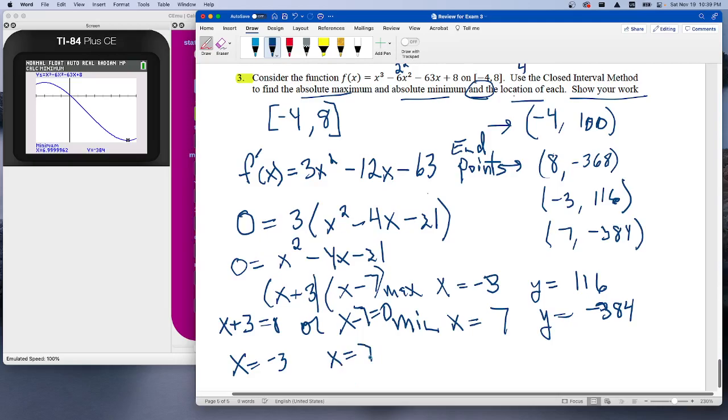And we don't have to really show derivatives to the left or right here. What we can do is just, we know these are going to be either minimums or maximums. We plug these into the original function and find the values from the table. That would be sufficient. And we find that this is our maximum point here, and this is our minimum here.